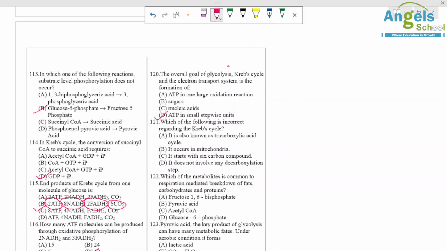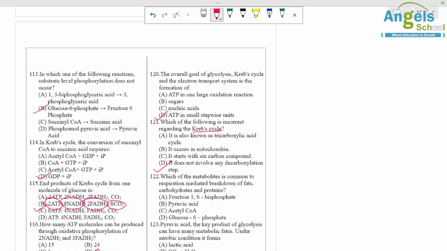It does not involve any decarboxylation step. So in Krebs cycle, there are 3 points where decarboxylation occurs, but option D says it does not involve, but it involves. Okay, so option D is incorrect.